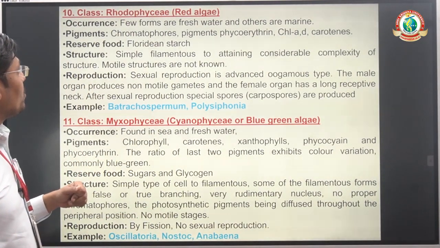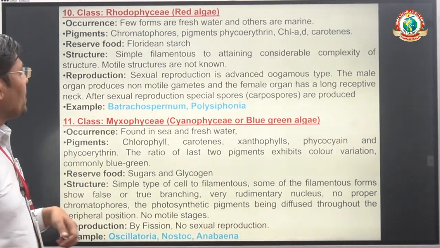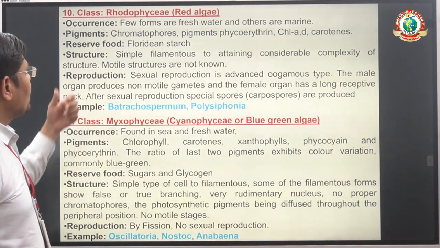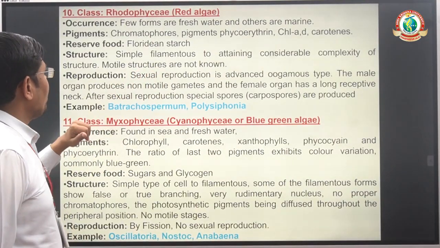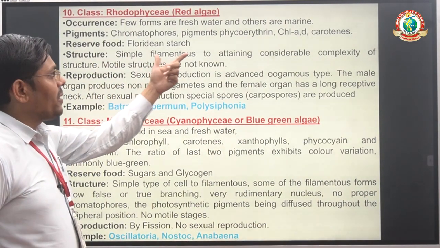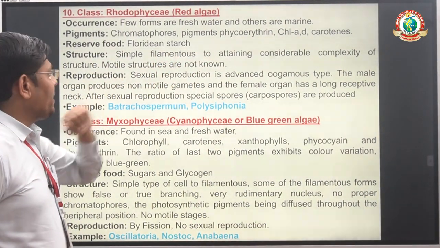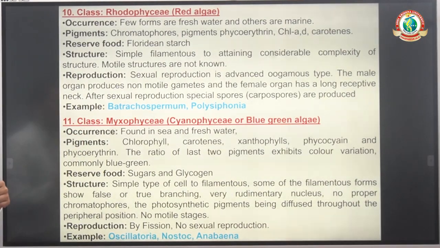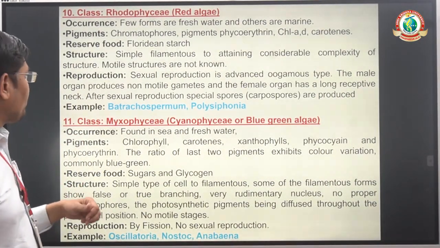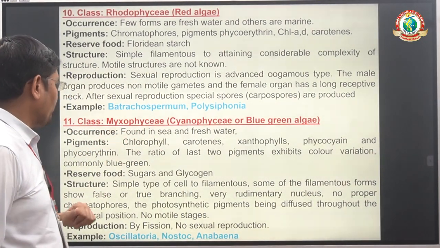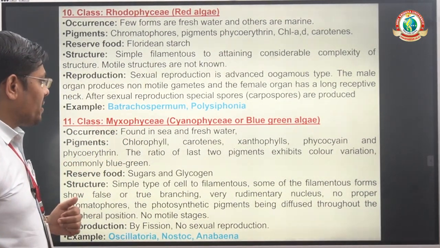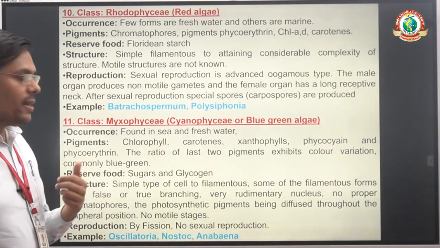Next class is Rhodophyceae, or red algae. These are red in color, and the reserve food material is floridean starch. The pigments are chromatophores, phycoerythrin, chlorophyll A, D and carotenes. Reproduction is by advanced oogamous type, and the examples are Batrachospermum and Polysiphonia. Next class is Myxophyceae, Cyanophyceae or blue-green algae.